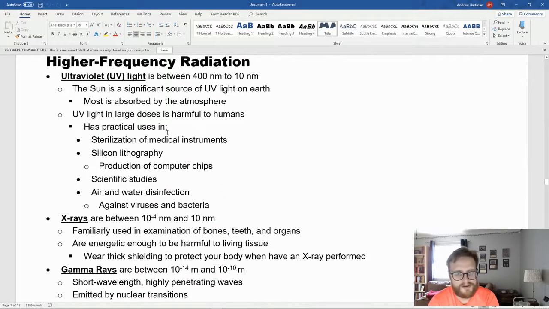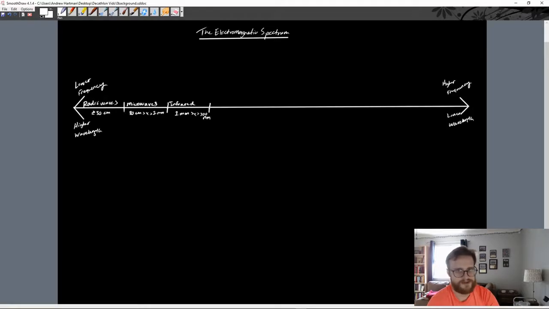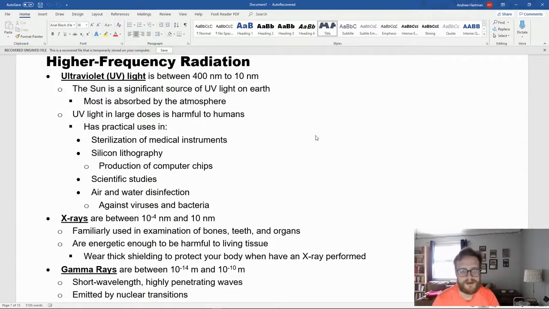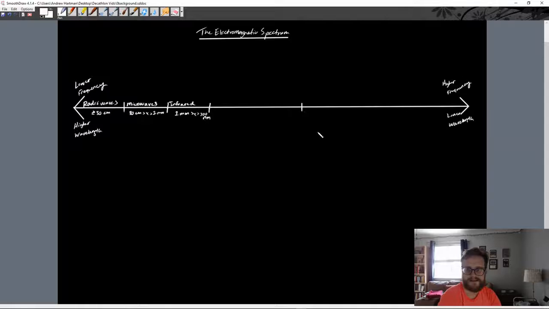Then we have higher frequency radiation, our 3 sets of high frequency radiation. But we're missing something right here in the middle, which we'll come back to in a little bit. Our high frequency radiation starts with ultraviolet light, where ultra means above violet.